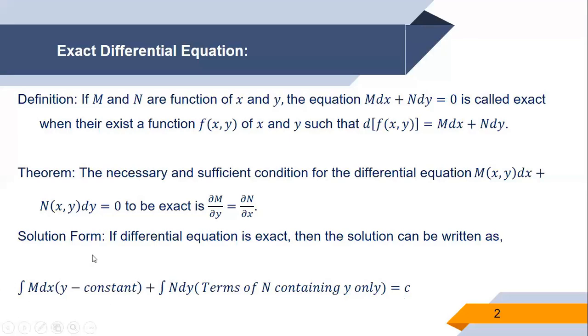So if the equation is exact, the solution form is integration M dx, where y is constant, plus integration of N dy, where the terms of N contain y only, equal to c.